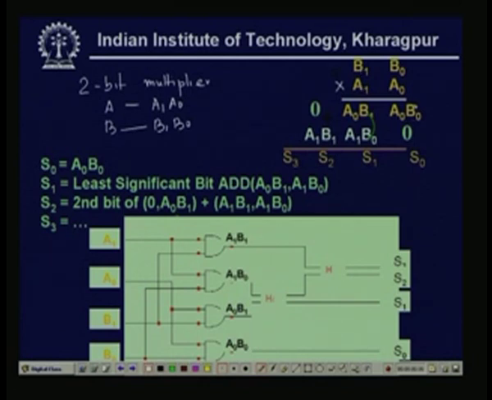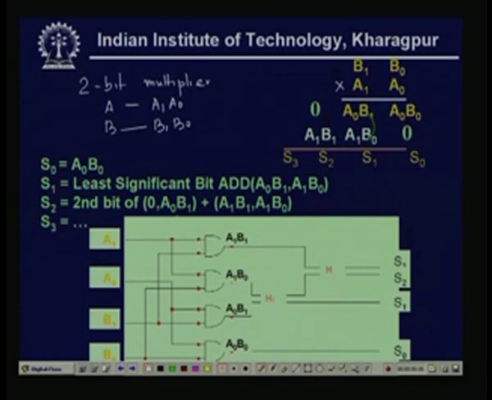Now, we take the sum of the terms. The first term is A0 B0, meaning S0 is A0 B0, S1 will be A0 B1 plus A1 B0, S2 is as it is A1 B1, and as there is no carry for this particular multiplication, S3 is 0.